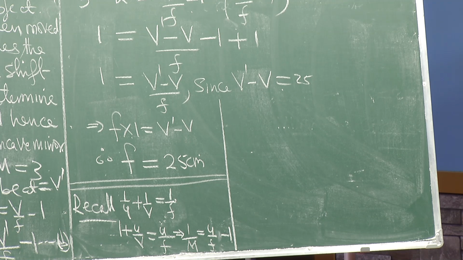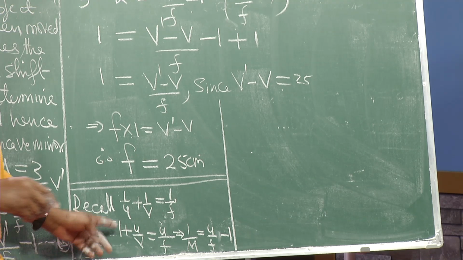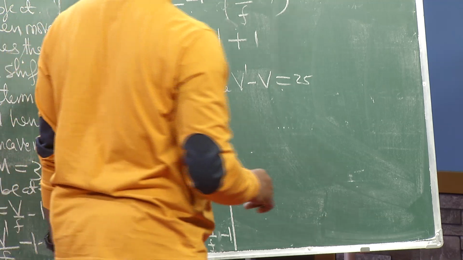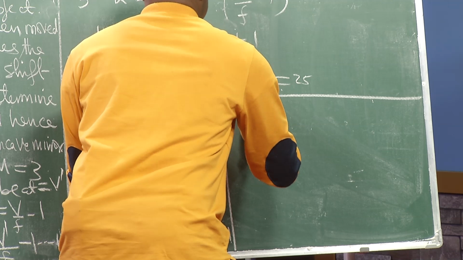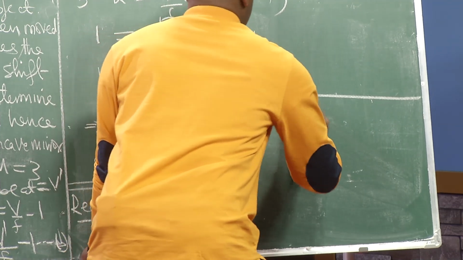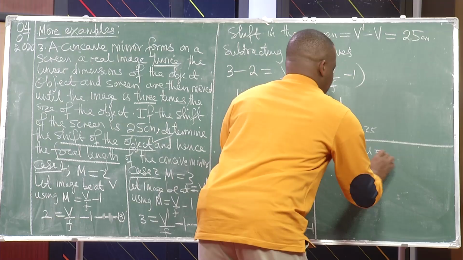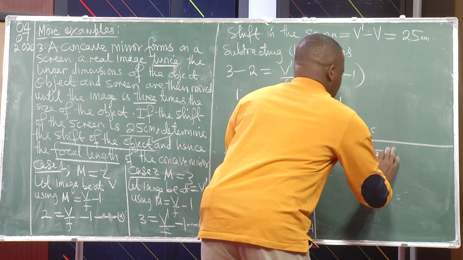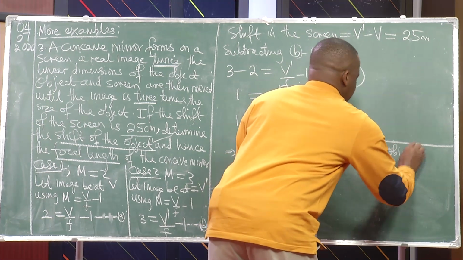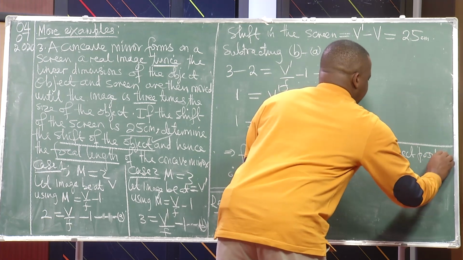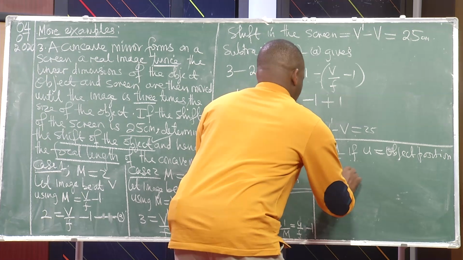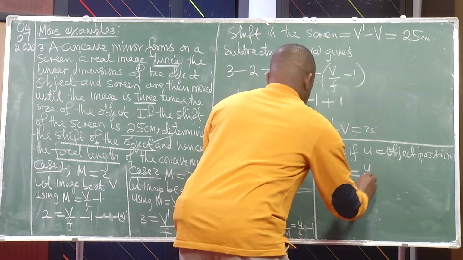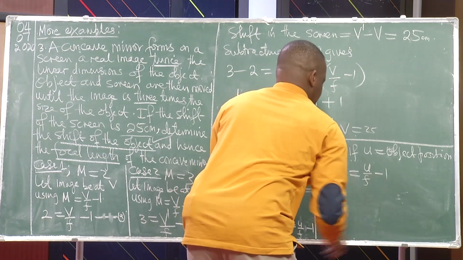So I will use the same approach. Consider u to be the object position in case 1. And it would imply that my 1 over 2 would be equal to u over f minus 1.